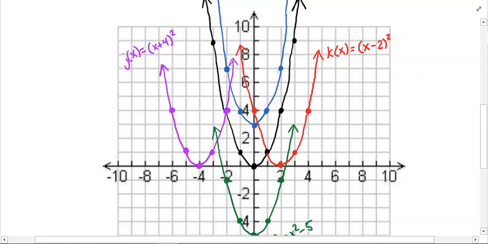If I look at the point 1, 1, it has been shifted 2 places to the right to end up at 3, 1. If you look at the point -1, 1 on the black graph, it has gone over 2 units to end up right here at 1, 1. So basically here, our original graph has been shifted 2 units to the right.